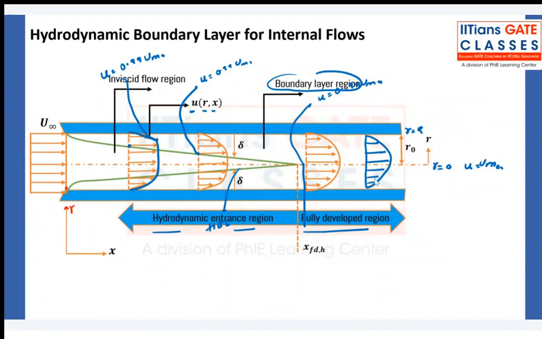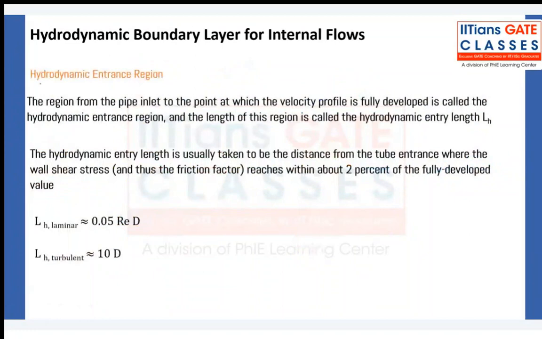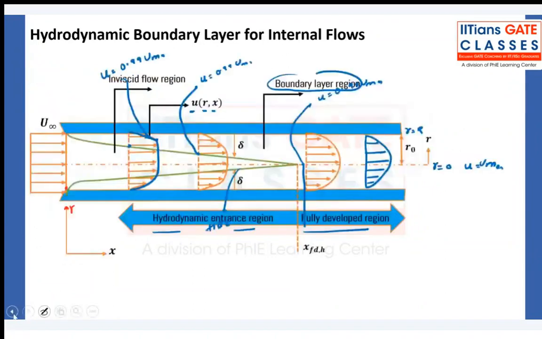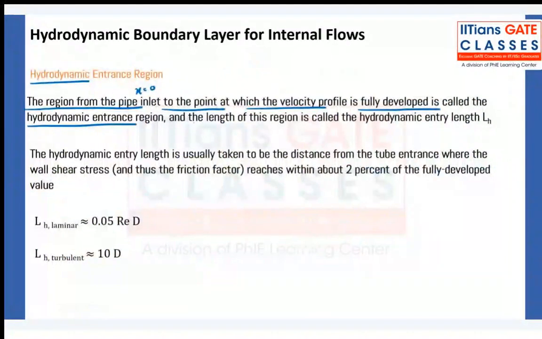So what is the hydrodynamic entrance region? It is the region from the pipe inlet, from x equals 0, to the point at which the velocity profile is fully developed. So this whole region from here to here is the hydrodynamic entrance region, and the length of this region is called the hydrodynamic entry length.